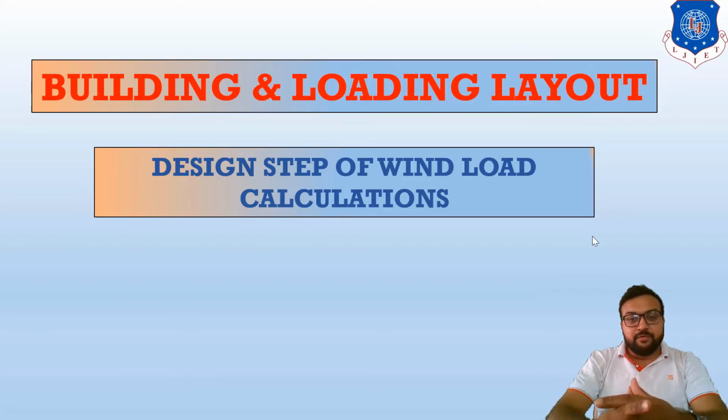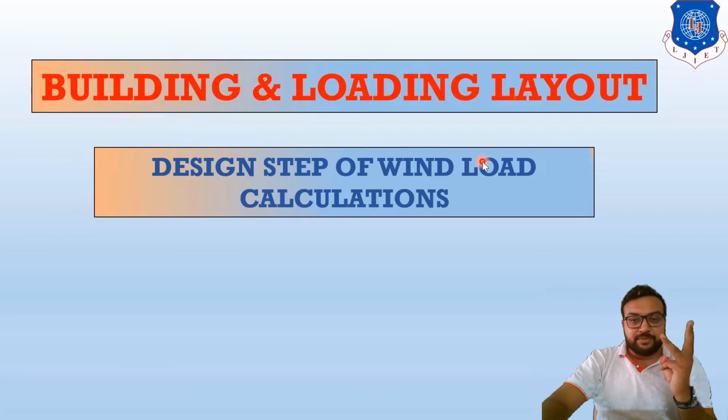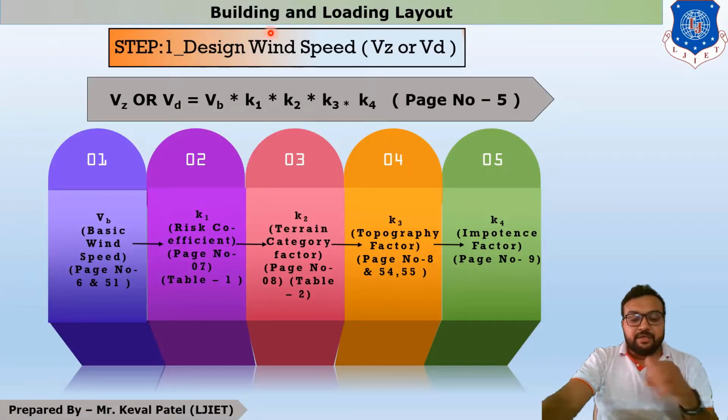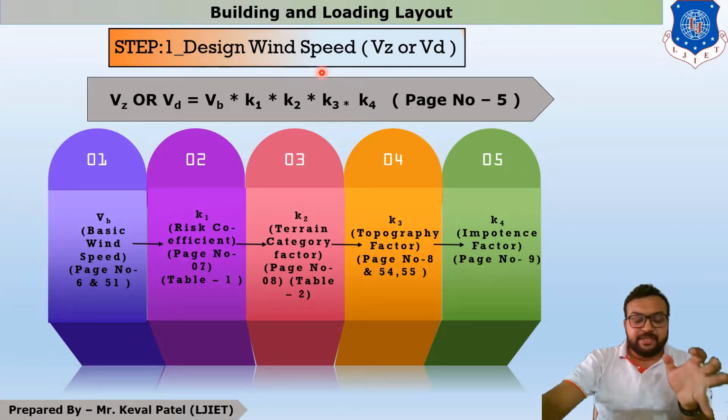After completion of our first lecture, we will discuss the design steps of wind load calculation. In the last lecture, we discussed that there are a total of 3 steps, in which our first step is design wind speed. The equation of design wind speed is given as Vz is equal to Vb, K1, K2, K3 and K4.